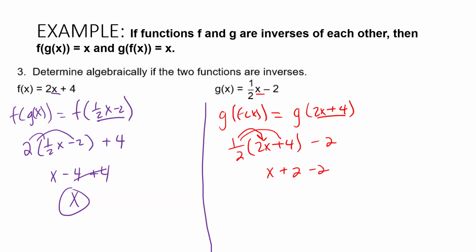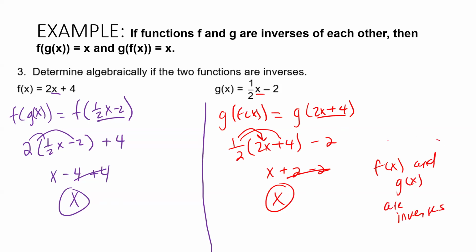Bring down my minus 2. I have a positive 2 and a negative 2. They equal 0, and I'm left with x. Because both of these equal x, we can then say that f of x and g of x are inverses. And that is how you show algebraically that they are inverses.